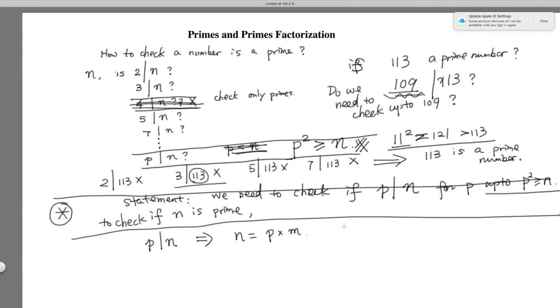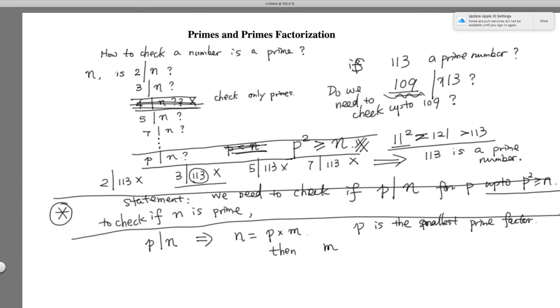And if we focus on p being the smallest prime factor, then m is also a divisor of n.